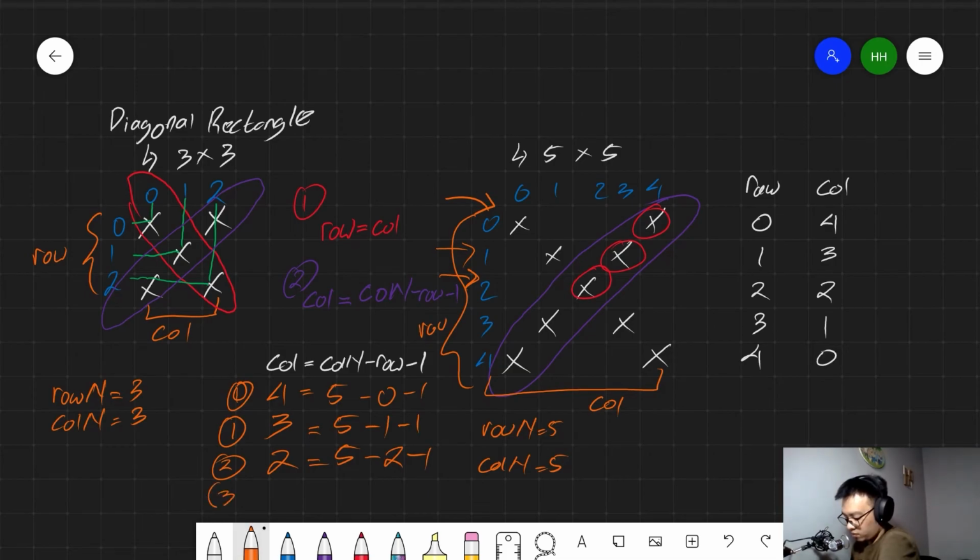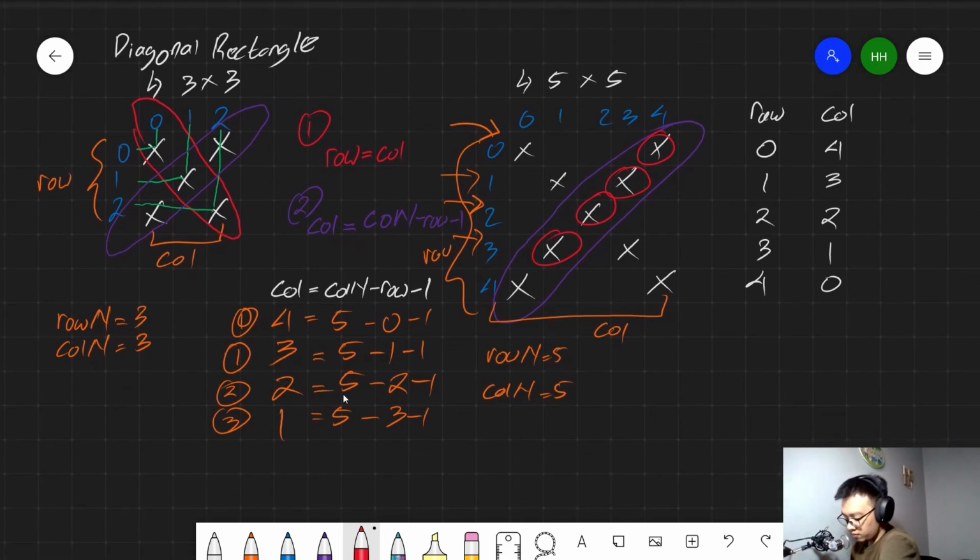Again, 5 minus your row, which is now row 3 minus 1, you get 1. Your column n is 5, your row is 4, and last you minus 1, and you got 0. That's why when you are in the 4th row, you print x in column 0.